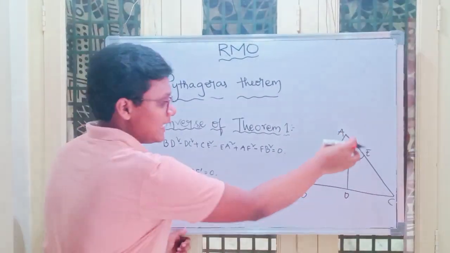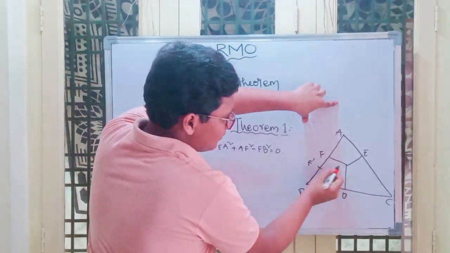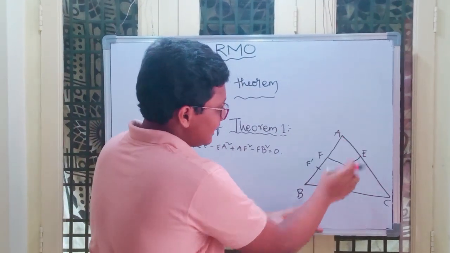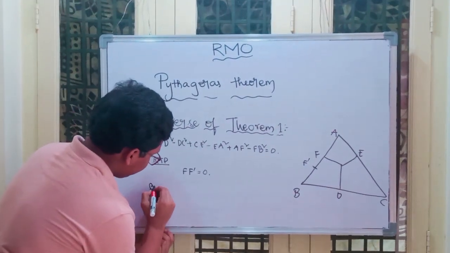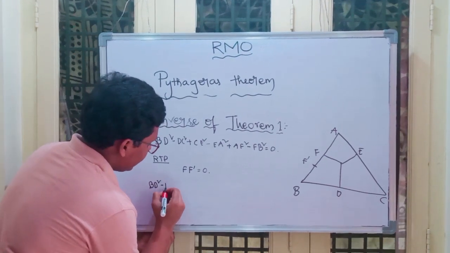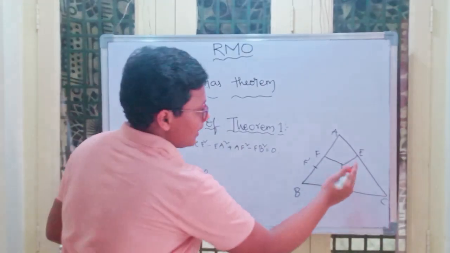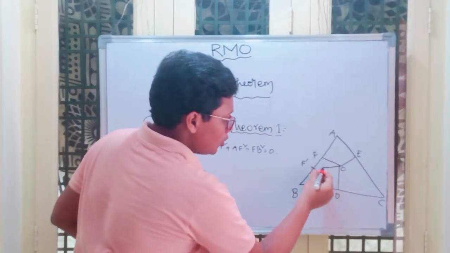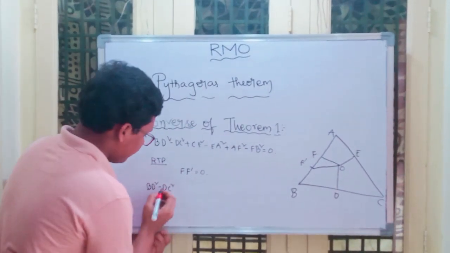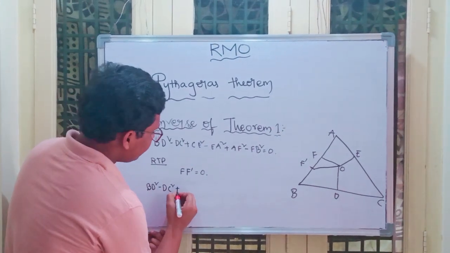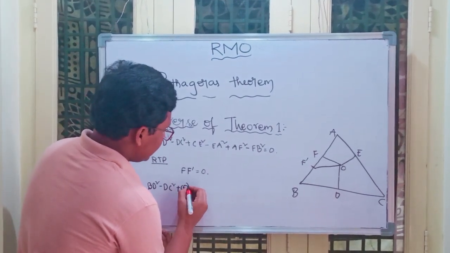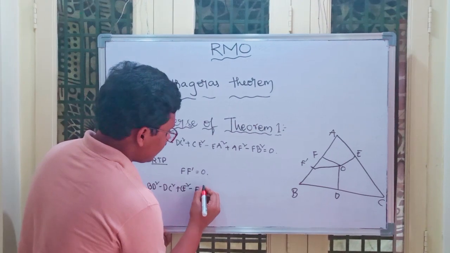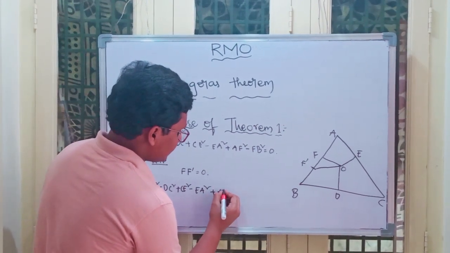Now, by drawing a line from here to here, we can say BD square minus DC square plus CE square minus EA square plus AF square minus FB square.